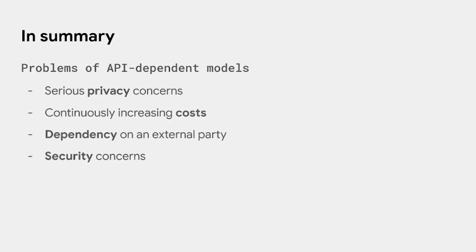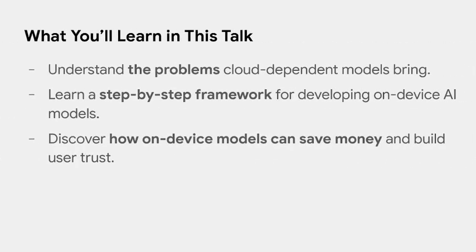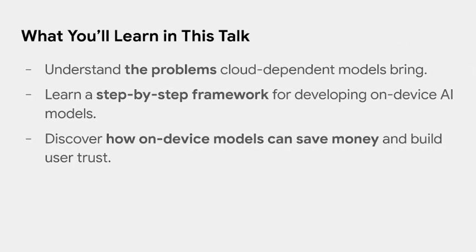So in summary, the problems that we have identified: one, privacy concerns; two, continuously increasing costs; three, dependency on an external party; and four, security concerns. So today we are going to focus on understanding the problems that cloud AI models bring.